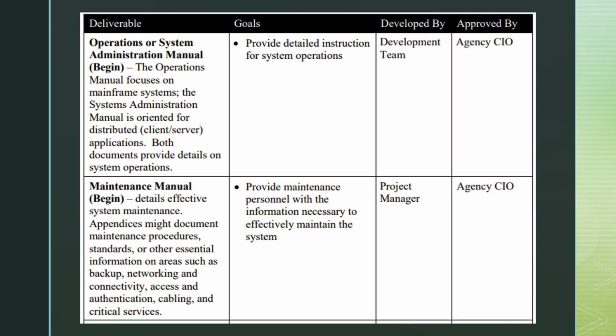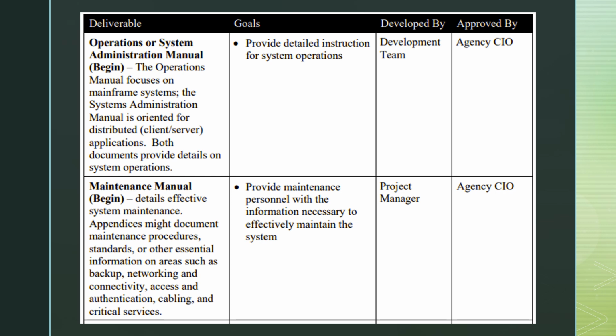Next deliverable, we have the Operations or System Administration Manual. The Operations Manual focuses on the mainframe systems. The system administration manual is oriented toward distributed client-server applications. Both documents provide details on system operations. The goal is to provide detailed instructions for system operations. This is developed by the development team and approved by the agency CIO. Next deliverable, we have the maintenance manual.